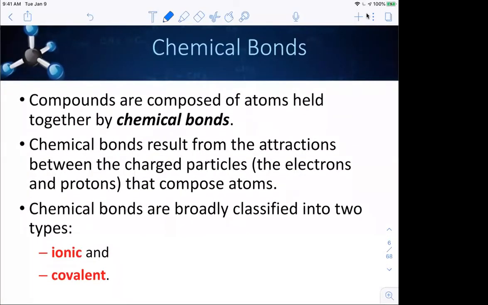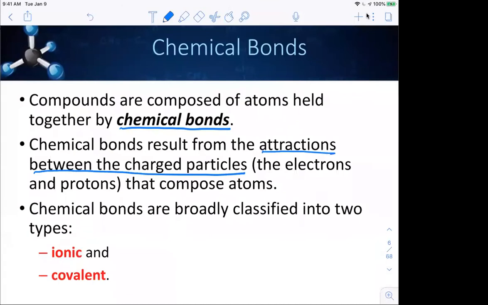Now, compounds are composed of atoms that are held together by chemical bonds. Chemical bonds are always electrostatic in nature. They're going to result from the attractions between charged particles. Remember, in my atom, I have the nucleus, which has protons, and around them, I have my negatively charged electrons.